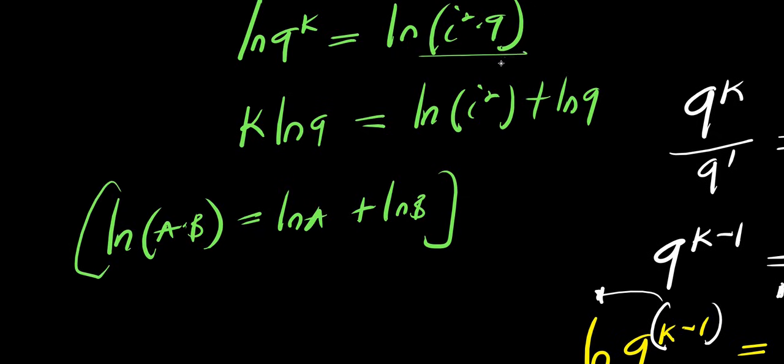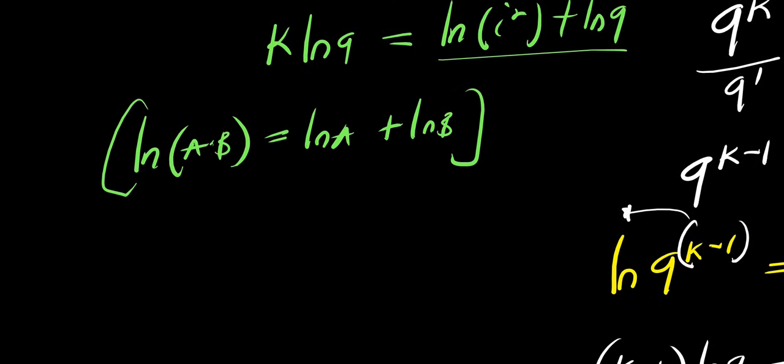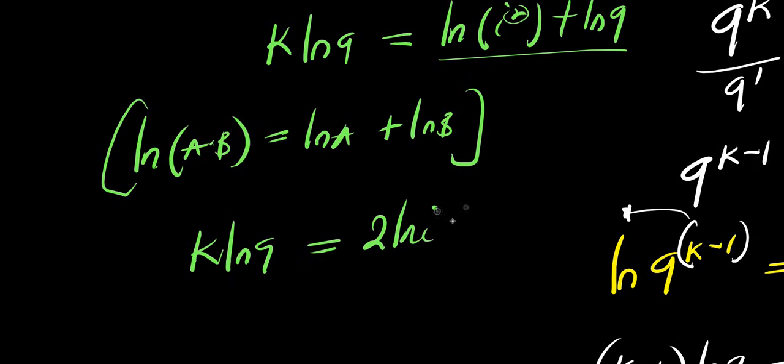So applying that identity here, we simply have this. So from here we have k times natural log of 9 equals, remember the 2 comes behind this, natural log of a power b is b times natural log of a. So this is 2 times natural log of I plus natural log of 9.